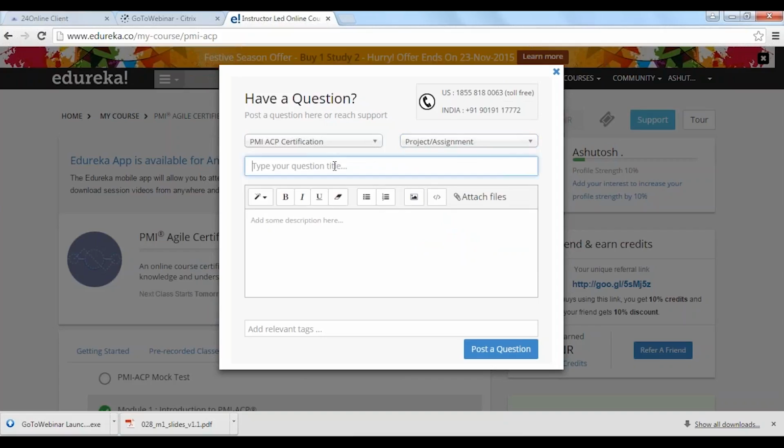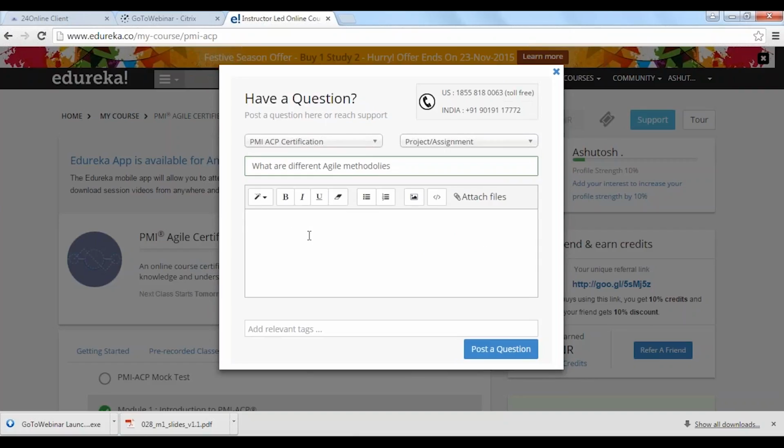For example, if you want to understand what are different agile methodologies, this is a content related question, so you will need to type in here, and then the description.